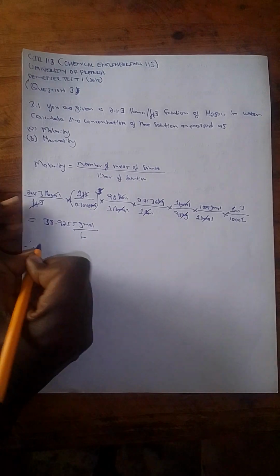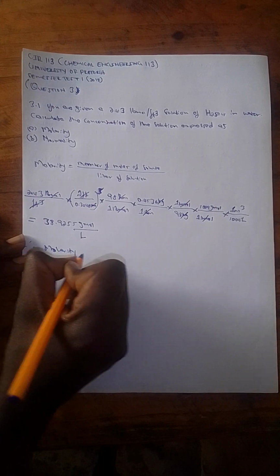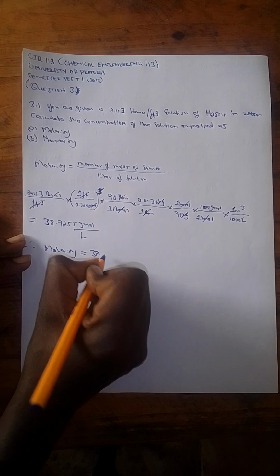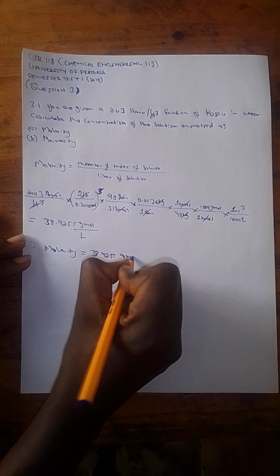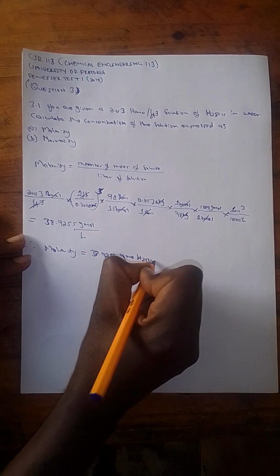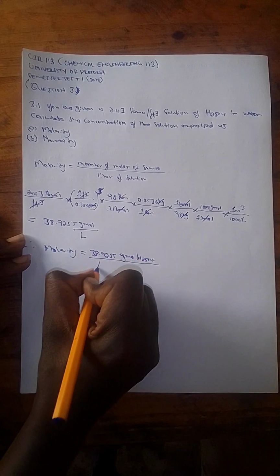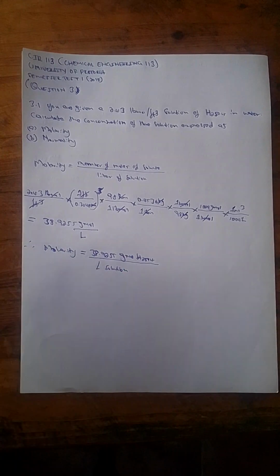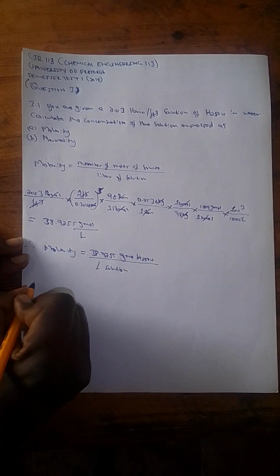Therefore, our molarity is equal to 38.9255 gram mole H2SO4 per liter of solution. So this becomes our molarity, and we have answered our question A. Then we go to our question B.